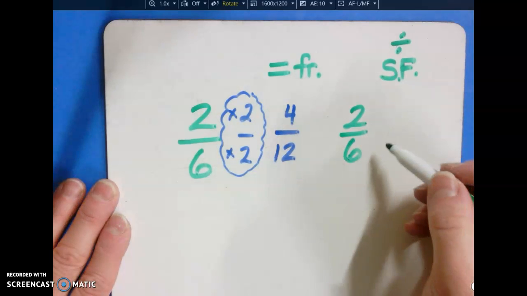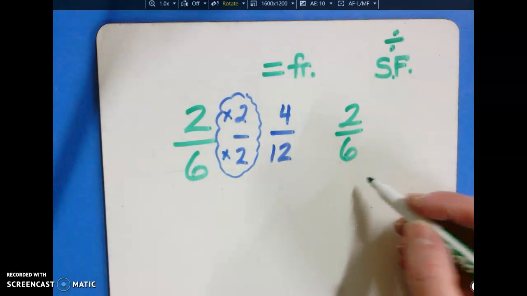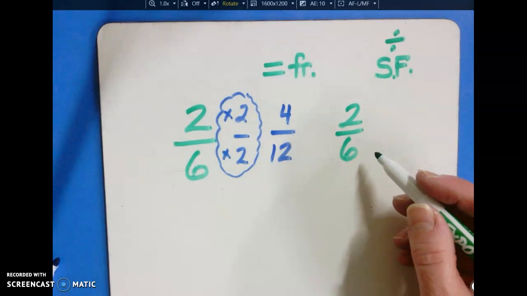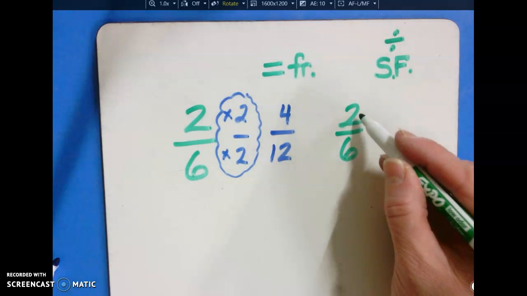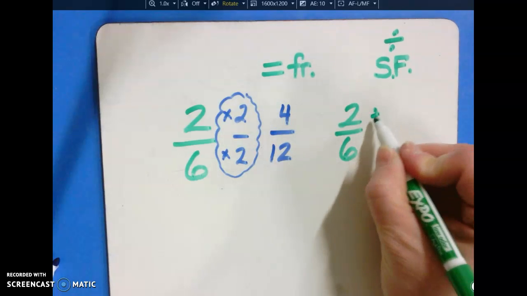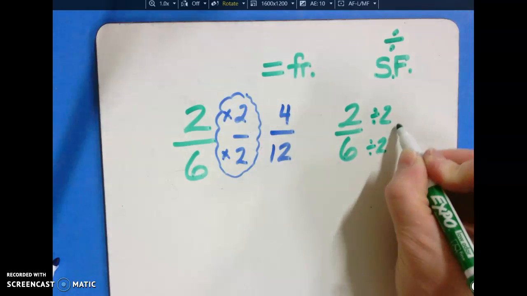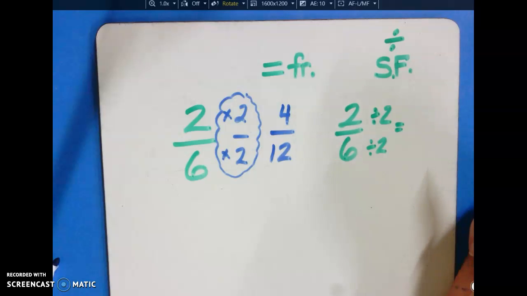To get to the simplest form, I have to ask myself, what can I divide both of those numbers by? Well, you have to get used to seeing if they're both even numbers, you can always divide by 2. Sometimes more, but always by 2. So in my mind, but for today I'm going to do it on my paper so that you can see it, and you might want to do the same thing since this is kind of new for us.